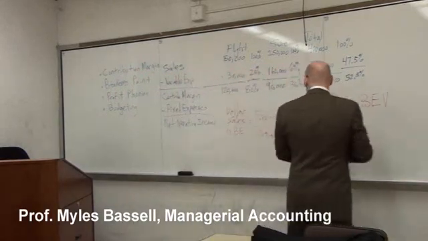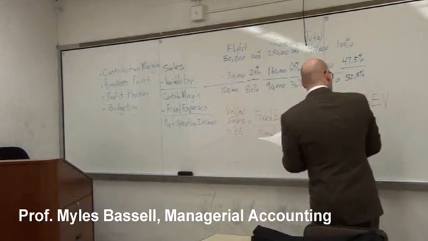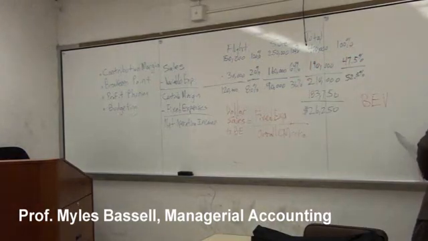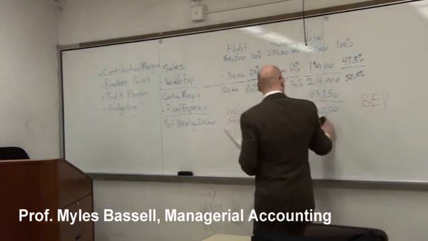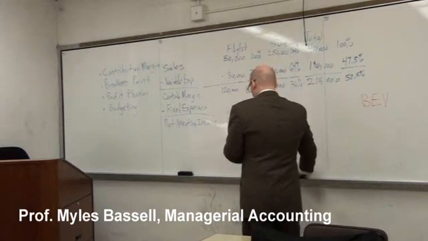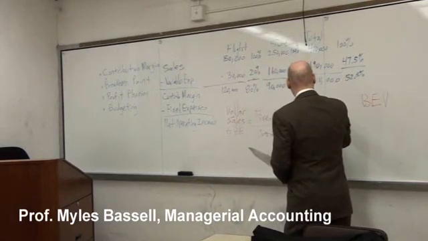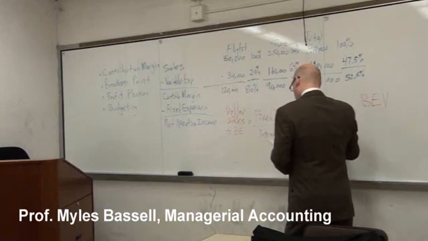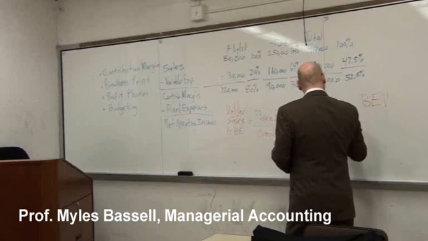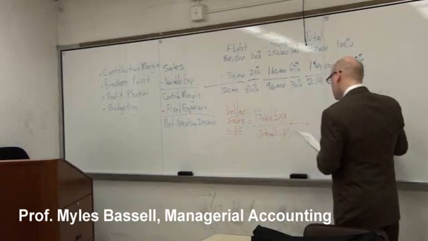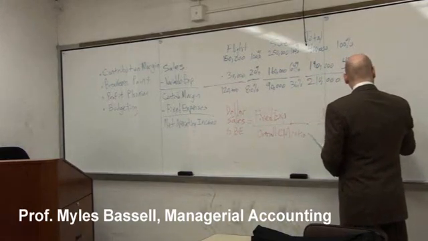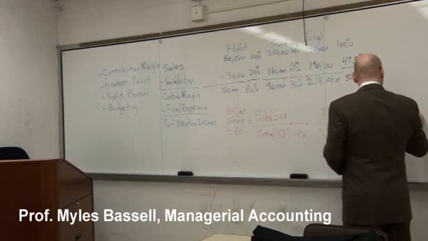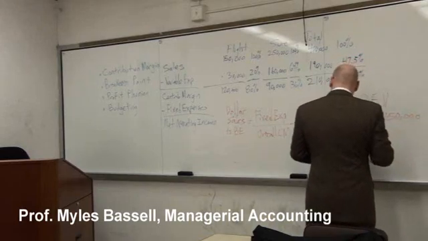So what is it in this case? How do we calculate it? What's the fixed expense here? So it's 183,750. And that tells us, right, in this case it's 350,000 pesos.